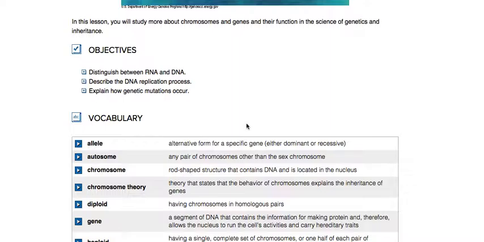Like I said, this is really a short lesson, and the project in and of itself is short. But from a genes and inheritance standpoint, keep in mind that the DNA of a gene really is the blueprint for the production of enzymes and proteins.